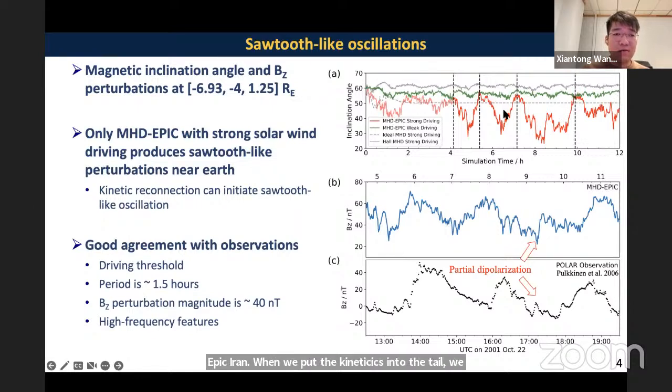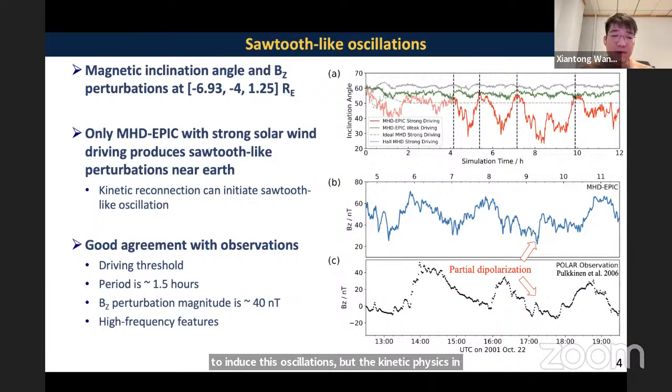But when we really look at the red line, we see very strong perturbations of the inclination angle that drops sometimes below 30 degrees, which agrees with the observations of the sawtooth oscillations. So from this comparison, we can see that not only does the solar wind condition need to be strong enough to induce these sawtooth oscillations, but the kinetic physics in the tail really plays an important role here.